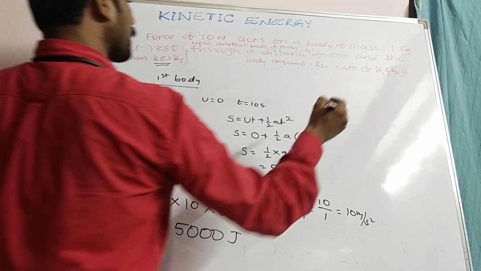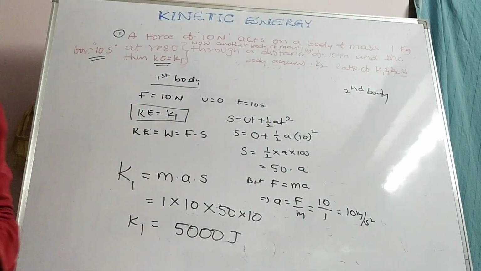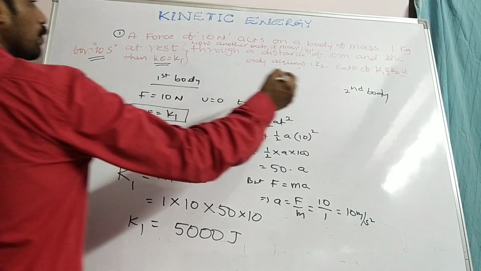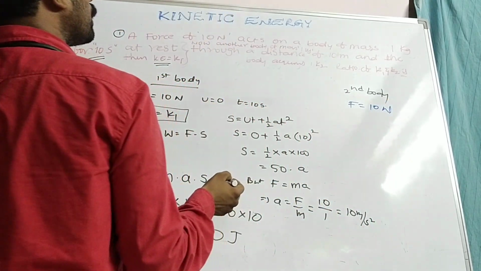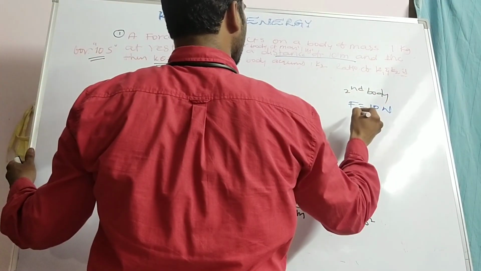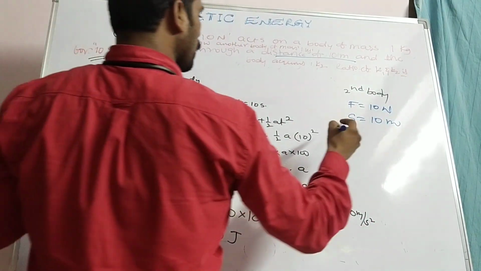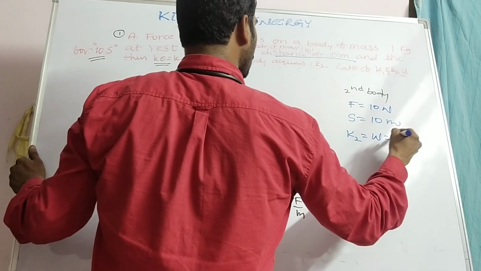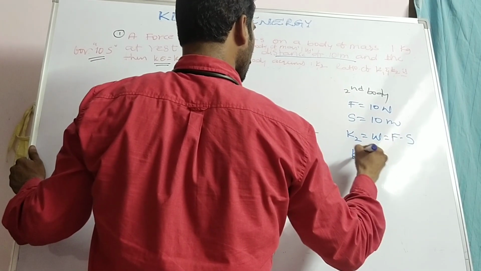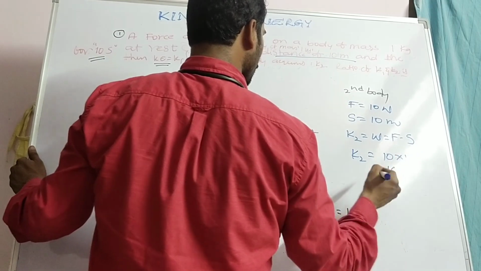But in case of the second body, the force F is equal to 10 Newton, and the distance traveled is given, S is equal to 10 meters. Now K2, the kinetic energy, K2 is equal to W is equal to F into S. K2 is equal to 10 into 10, that is equal to 100 joules.